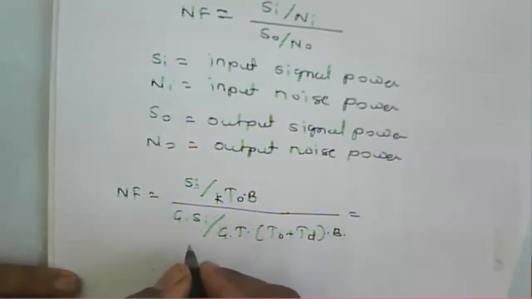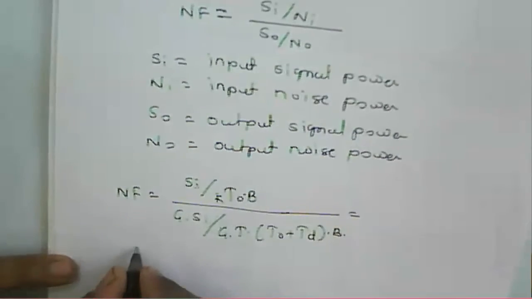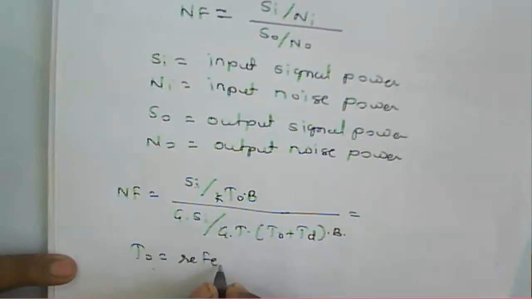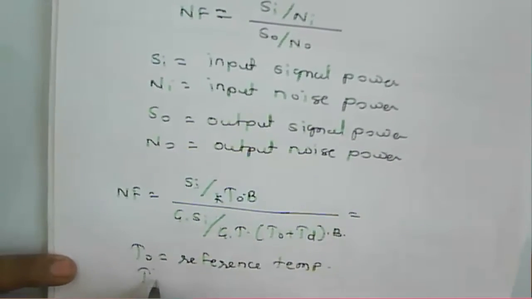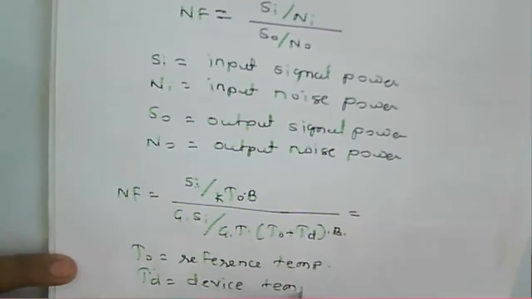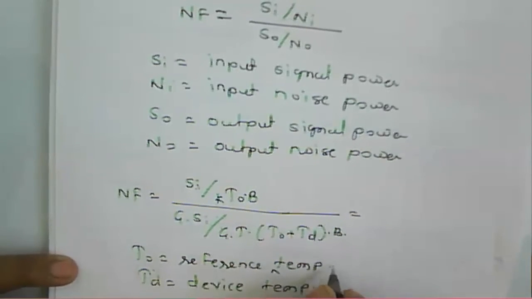So we have some particular reference temperature, that will be T0, and Td is nothing but the device noise temperature.